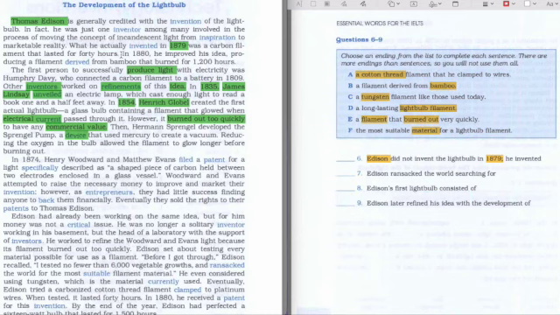What he actually invented in 1879 was a carbon filament that lasted for 40 hours. So the answer to the sixth question is going to be D.